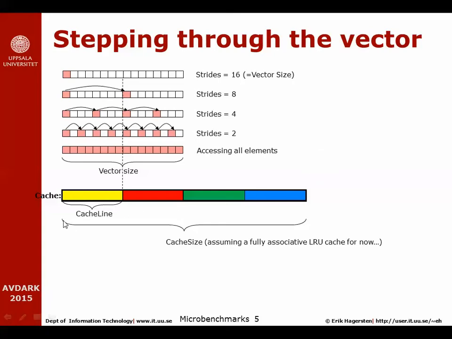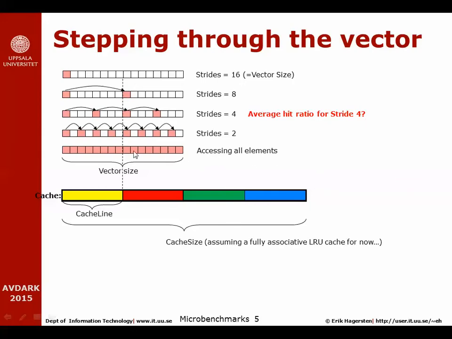As a side remark, in this example we're going to assume that the cache is a fully associative cache and it has LRU replacement. Later on, we will talk about what other kinds of cache organizations may imply for these access patterns. So let's say now for a stride of 4, with the vector size we're using right now, we ask ourselves what we expect the average hit ratio to be for a cache of this size.